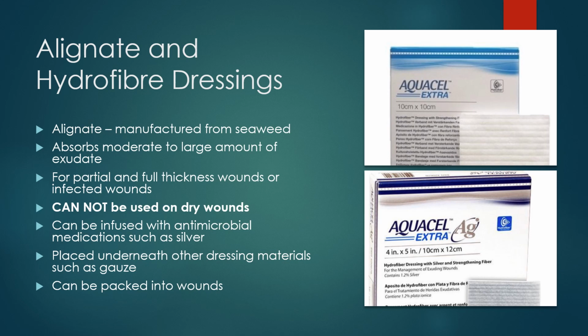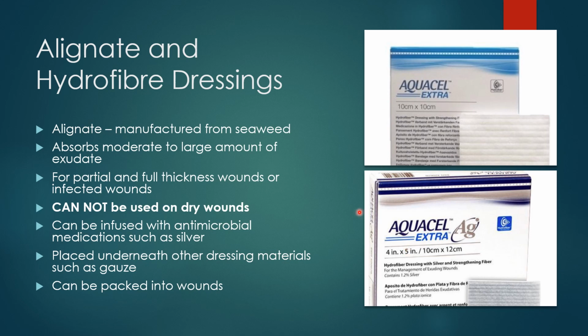It's used for both partial and full thickness wounds and can be used for infected wounds. These cannot be used on dry wounds, as it does suck up all the moisture from that wound into the dressing itself. So it does need to have some sort of exudate in order to be effective and to promote proper wound healing. They can be used with an antimicrobial medication such as silver.